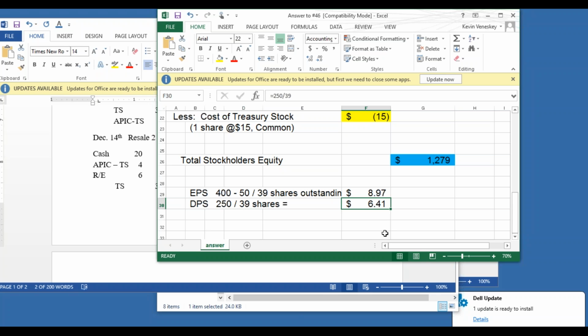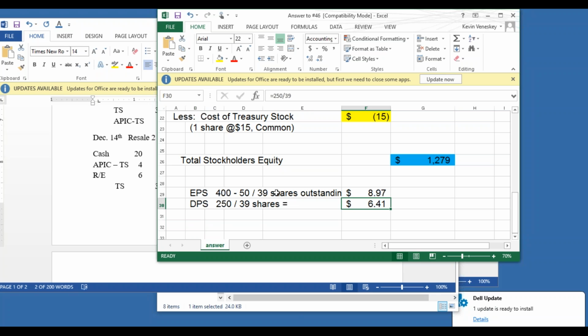Common stockholders actually did pretty well, $6.41 each. And how you know they did well is you can compare it to what your preferred stockholders got. Remember, preferred stockholders were guaranteed $5 a share. And these guys ended up getting more than that at $6.41.